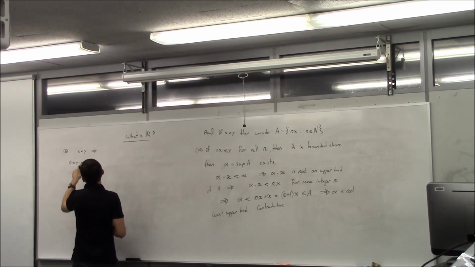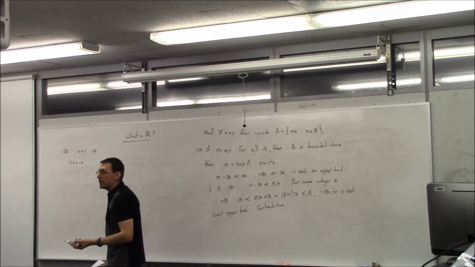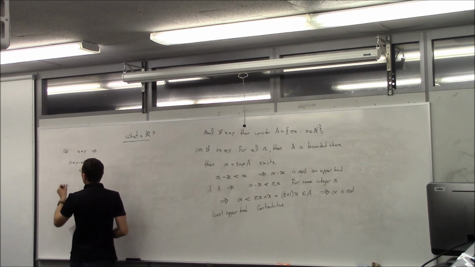Okay? So y minus x is a number that is bigger than 0. And that means that if I multiply it by a large enough integer, I will get it to be bigger than 1.